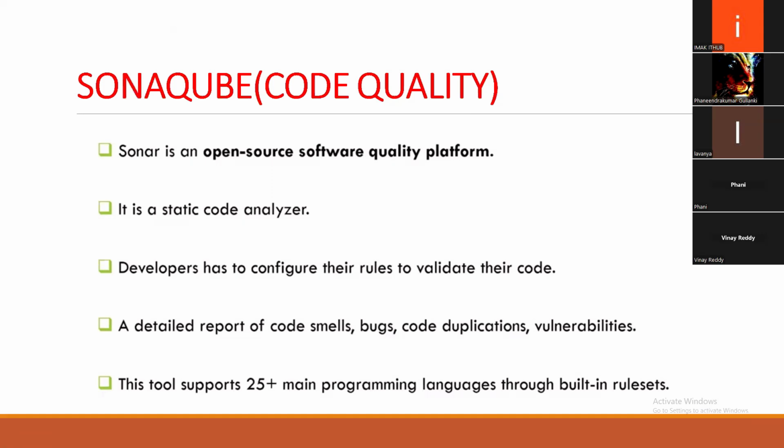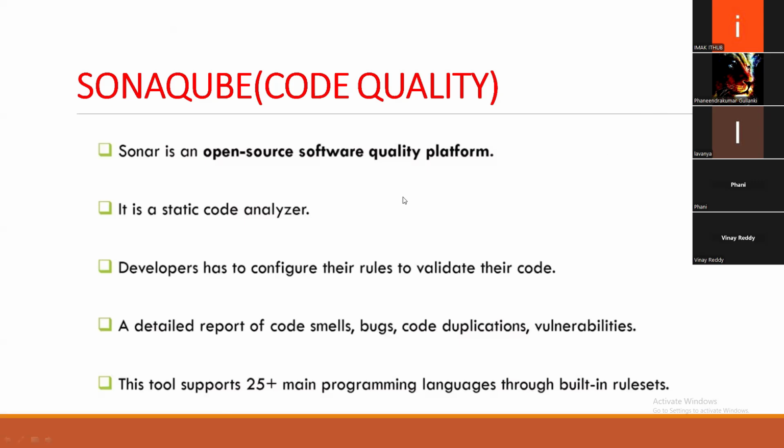It is a static code analyzer. Developers have to configure their rules to validate their code. A detailed report of code smells, bugs, code duplications, and vulnerabilities. We verify it on SonarQube. This tool supports 25-plus main programming languages through built-in rules.